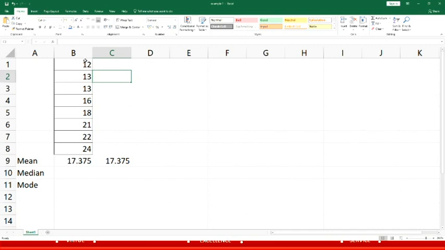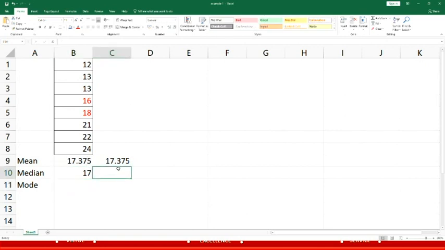Okay, it is already arranged in ascending order. As you can see here, the middlemost scores are these values, so let me highlight them with a red color. That is 16 and 18. If we get the average of 16 and 18, it will give us 17. So the median is equivalent to 17.